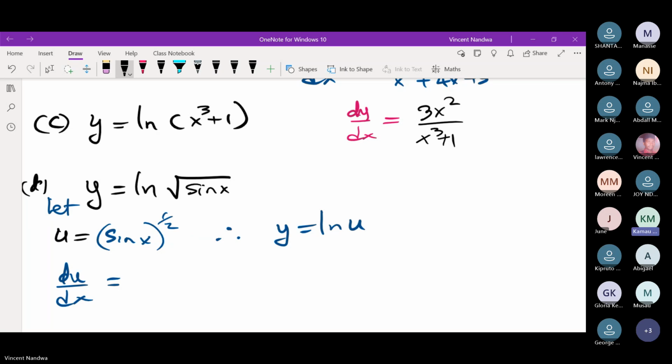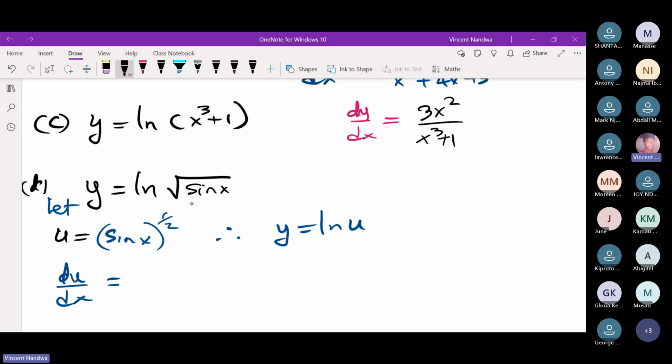How do you get the derivative of u if u is sine of x power half? Which differentiation method? Power rule is only applicable for polynomial functions. So you are going to use chain rule still on this one here.